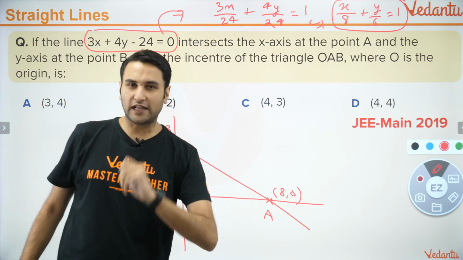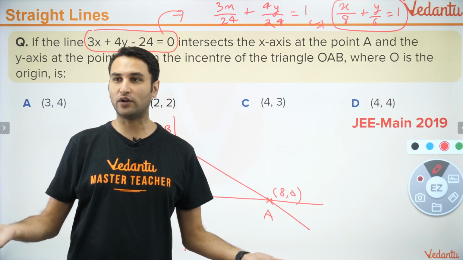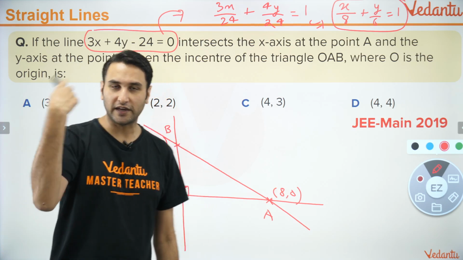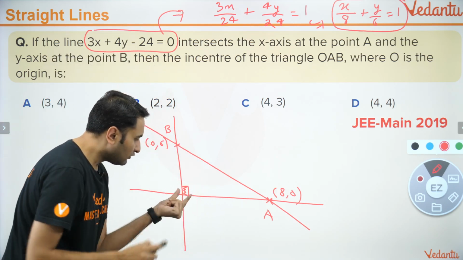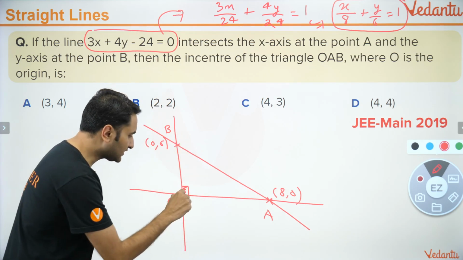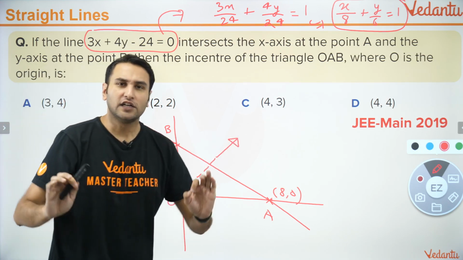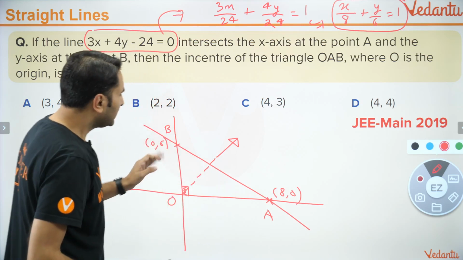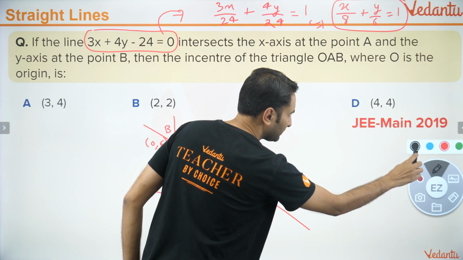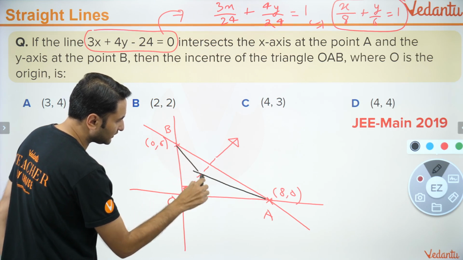Now can you tell me that the in-center will always lie on y equal to x? It will always lie on y equal to x. Now first, what is the angle bisector of this angle, this line? So this is guaranteed for sure that this is an angle bisector. Now where will the other angle bisectors intersect? So this angle bisector and this angle bisector.